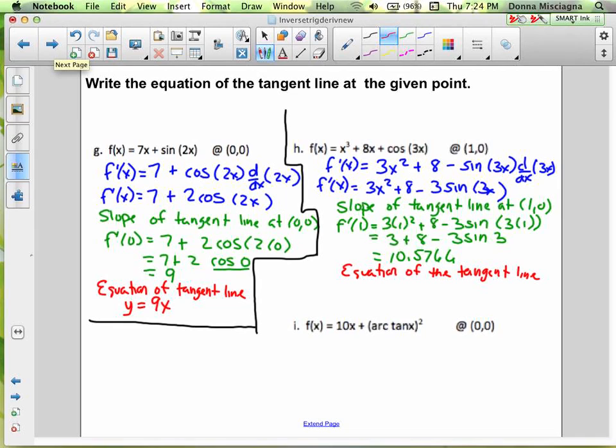So we have y equals 10.5766 times x minus 1. Of course, if we distribute there, y equals 10.5766x minus 10.5766. There we go. There's the equation of the tangent line.